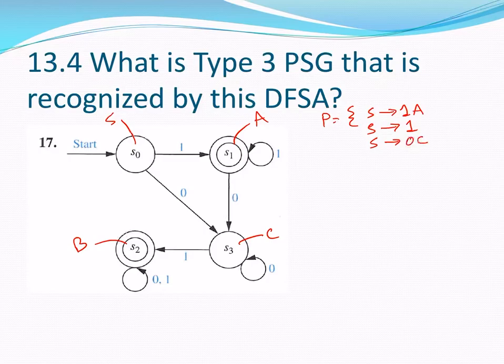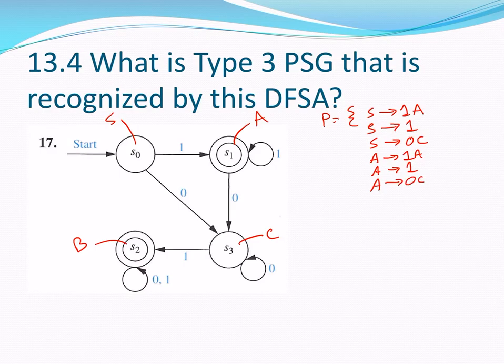Well, that takes care of all the transitions out of state S0. Let's look at state S1. We associate that with A. So A produces 1A, but A also produces 1 since the state associated with A is final. And then A produces 0C, but not 0 since C is not final, or S3 is not final. That takes care of all the transitions from state S1.